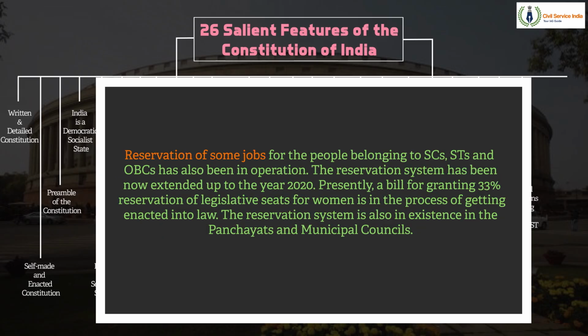Reservation of some jobs for the people belonging to SCs, STs and OBCs has also been in operation. The reservation system has been now extended up to the year 2020. Presently, a bill for granting 33% reservation of legislative seats for women is in the process of getting enacted into law. The reservation system is also in existence in the panchayats and municipal councils.